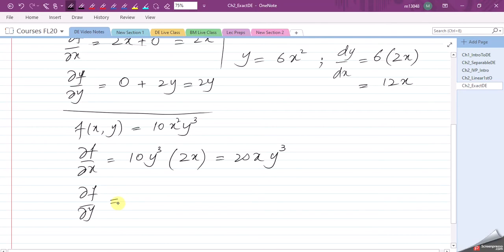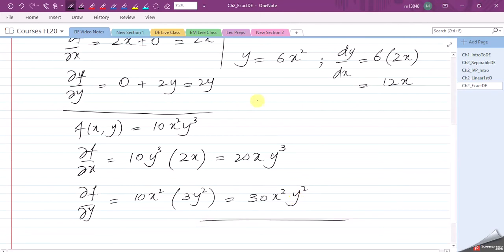What should I keep outside the bracket? What is constant? x is constant because we are differentiating with respect to y. So if x is constant, it means 10x square is constant. What is the derivative of y cube with respect to y? 3y square, and that makes 30x square y square.